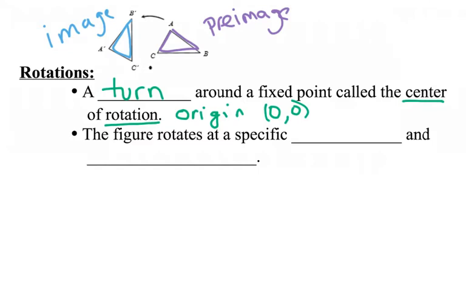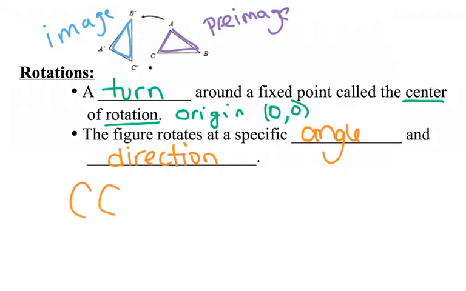Okay, some other things to remember is that a figure rotates at a specific angle. And for our class, we're either going to rotate 90 degrees, 180 degrees, or 270, and direction. And there's only two directions we're going to talk about, so clockwise and counterclockwise.